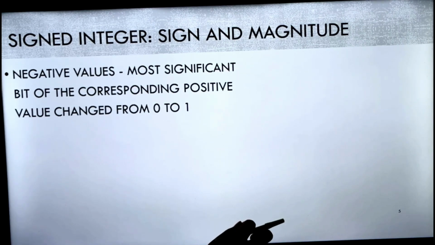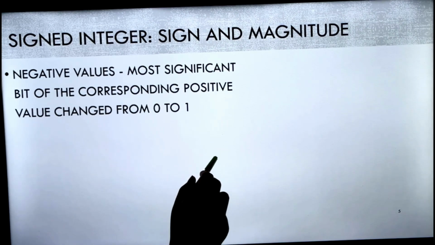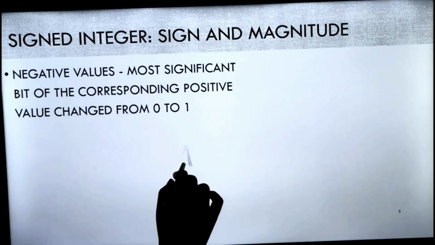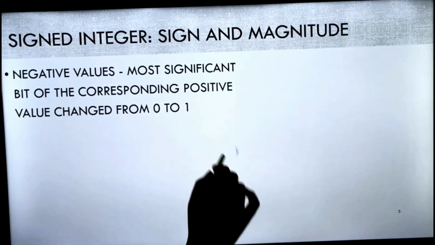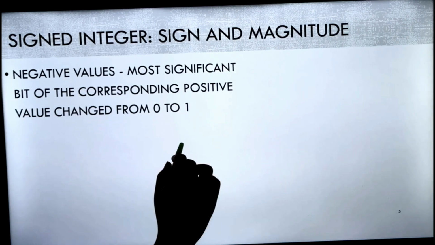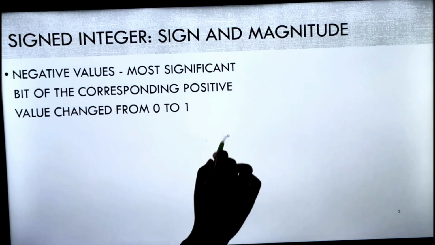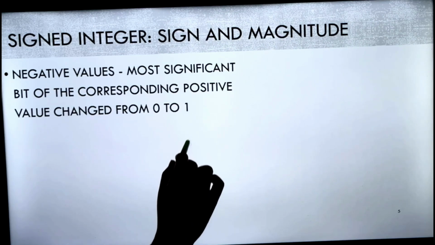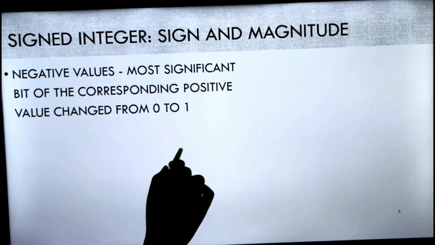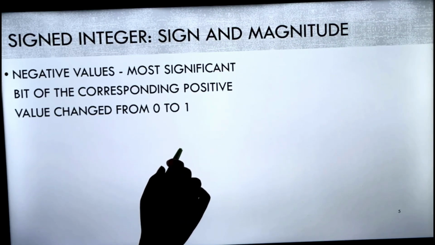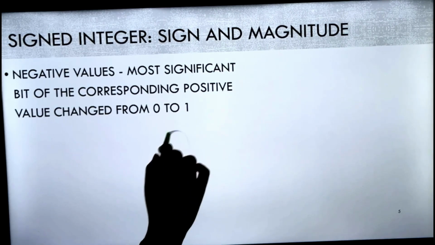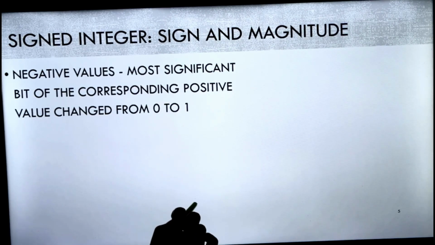Fine. If I ask you to represent 4, then what will you do? 1, 0, 0. Right? 1, 0, 0 is nothing but 4 in binary. Now, in sign and magnitude, what will we do? We have a reserved bit, in the MSB, the most significant bit, which will be reserved for sign only.